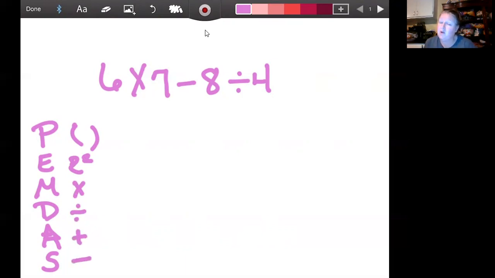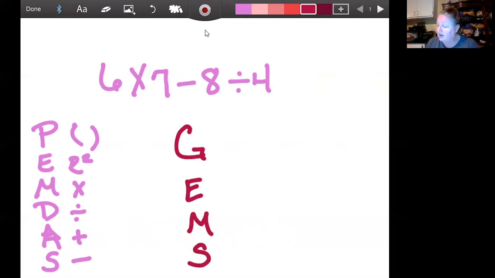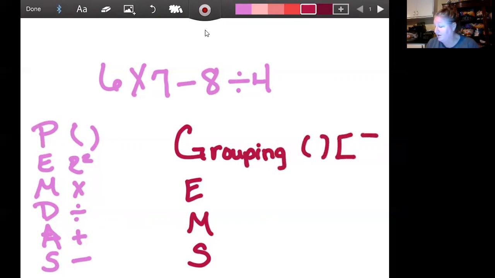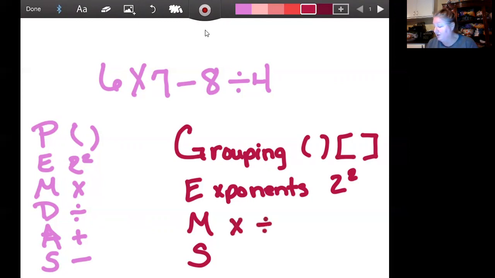And there's kind of a blingy one that I like, kind of fancy, and it's called GEMS. It's called grouping, which could be parentheses or brackets, exponents again, which is just those little bitty numbers there, then multiplication and division, and subtraction and addition.